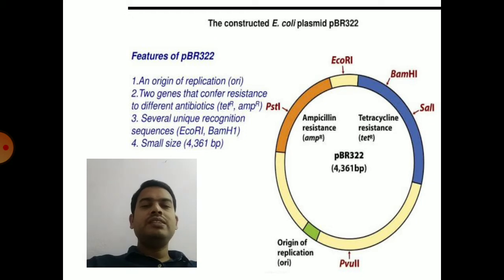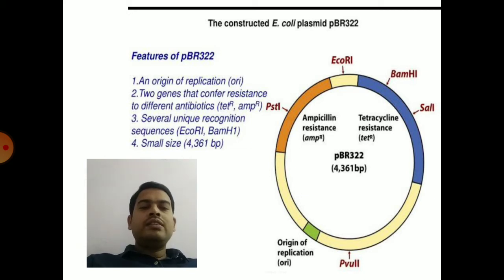It has been designed by Bolivar and Rodriguez, so hence the name, plasmid Bolivar and Rodriguez. It has an origin of replication. You can clearly see this pBR322 is a cloning vector. That means you can insert your foreign DNA and obtain multiple copies of your foreign DNA along with the vector.